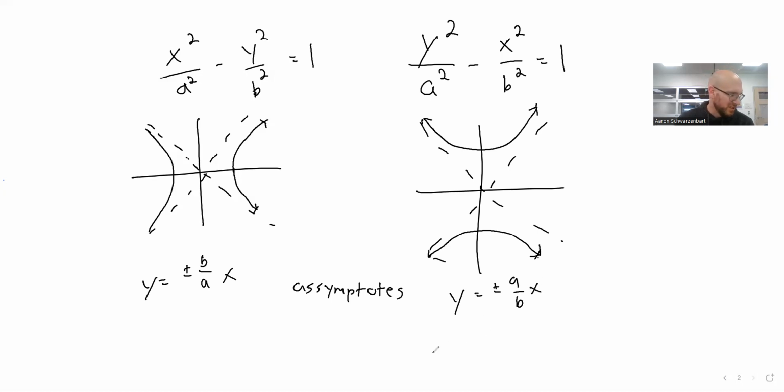So because we switched that. A, this distance here is a, this distance here is a. A is the distance from center to vertices. And then for the foci, this time we're going to do c squared equals a squared plus b squared. Again, that's true for both of these.